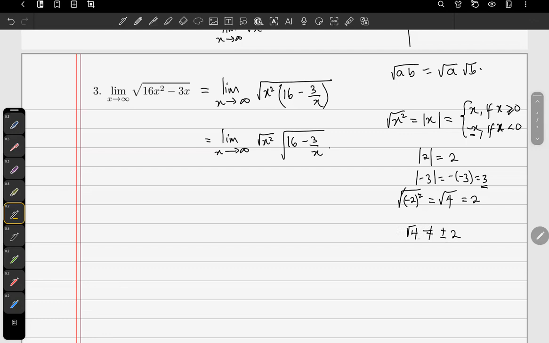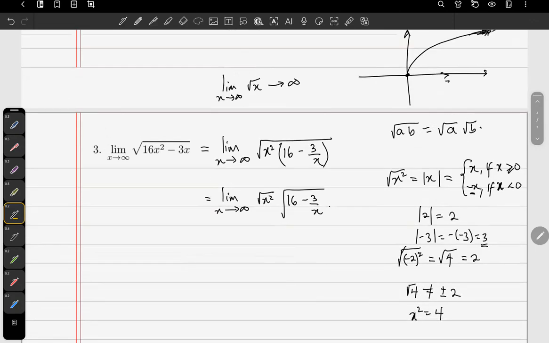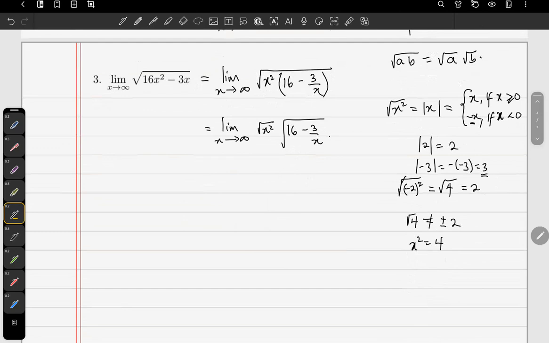There's a difference between asking you for the square root of 4 and asking you to solve the equation x squared is equal to 4. If I say x squared is equal to 4, and I'm asking you to solve the equation for the value of x, I know that the square function itself has a domain that spans the entire real numbers.